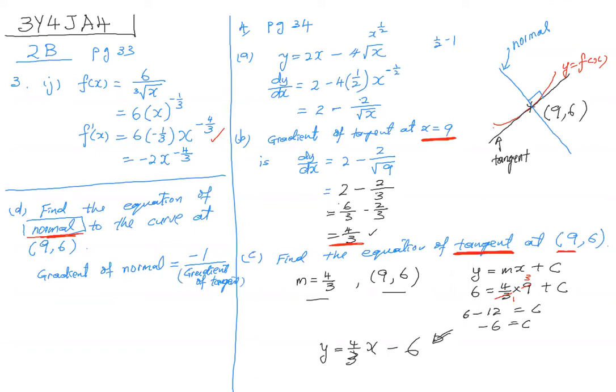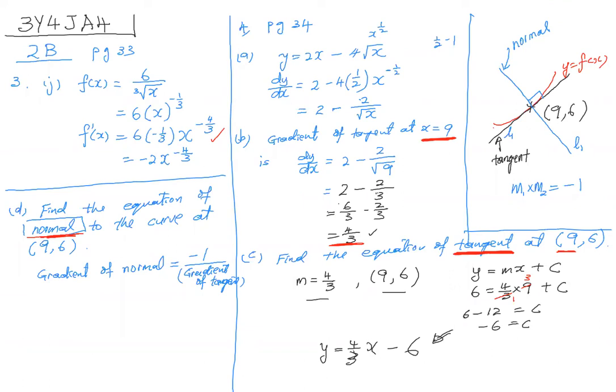This is the mathematical rule. If two straight lines are perpendicular to one another, the product of their gradients is equal to -1. Line L1, L2, if I name like that. If L1 and L2 are perpendicular to each other, the product of their gradients is always -1. If the product of the gradients of the two straight lines is -1, then I can conclude they are perpendicular to each other.